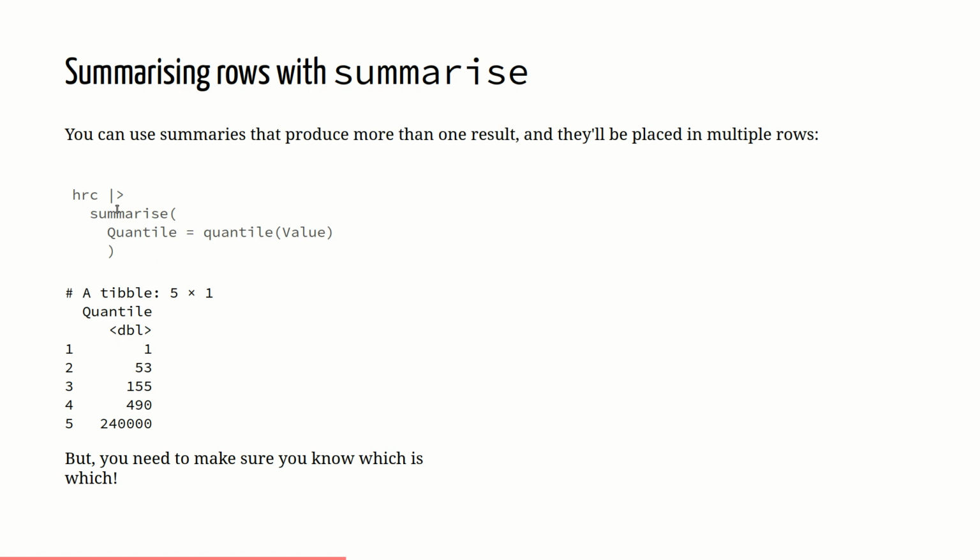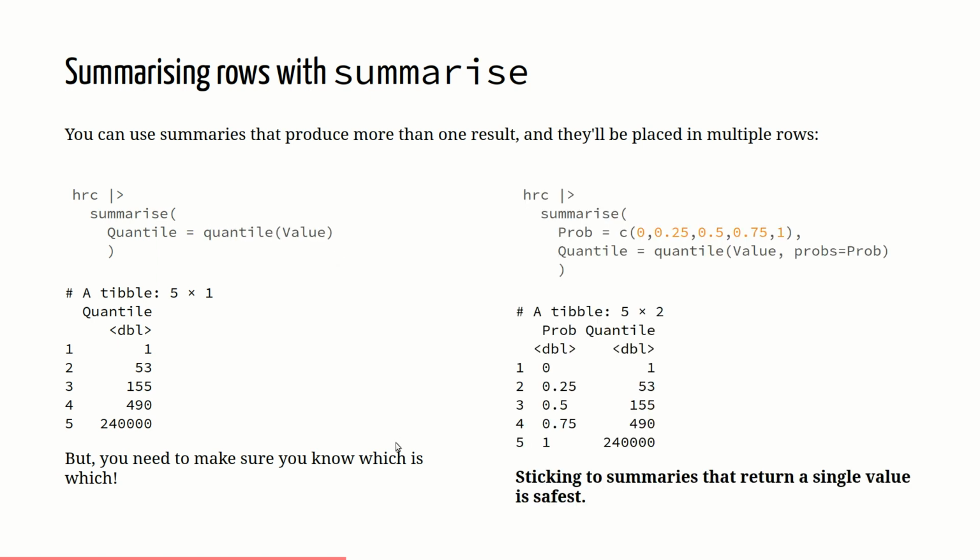So it's going to return 5 things. So you can see that it's taken the HRC data, it's summarized and computed a new column called quantile, which summarizes the value column into 5 different things. Now the problem here, of course, is we don't know what each row corresponds to unless we know how it was computed.